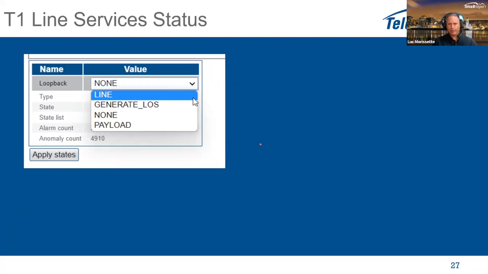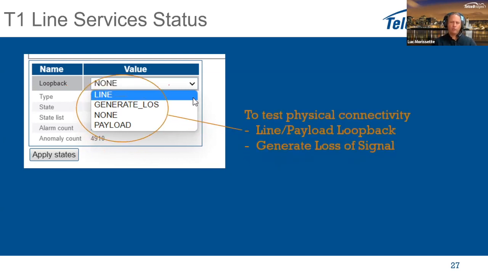You saw that in the previous slide. There's an option that's called loopback here. This is used to debug the TDM line interfaces. So what you have here is the default is none, meaning that there's no loopback in the system. So it's just running normally. But you can have two different things you can do here. One is generate loss of signal.